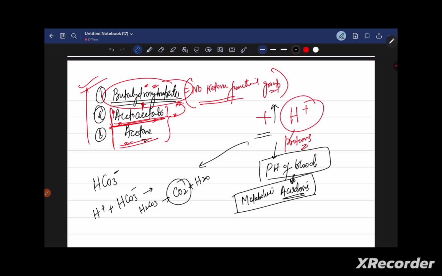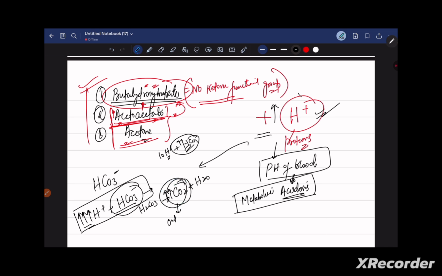Increasing production of protons will increasingly consume these bicarbonates. Suppose 10 protons are produced, it will consume 10 bicarbonates. Similarly, when there is increased production of protons in ketogenesis, it will further consume the bicarbonates. So there will be increased production of carbon dioxide, and this carbon dioxide is pumped out of the lungs.